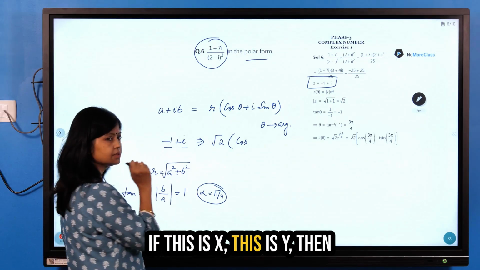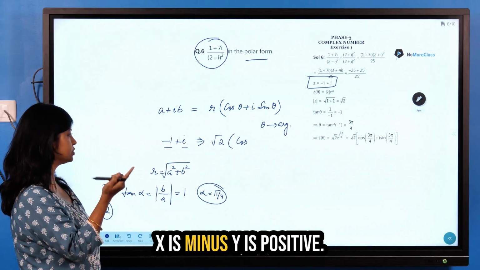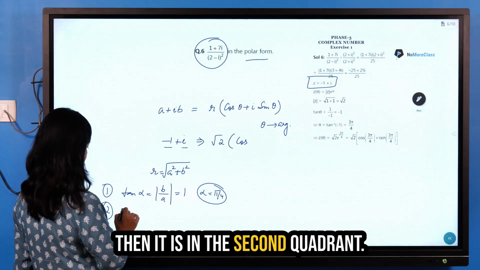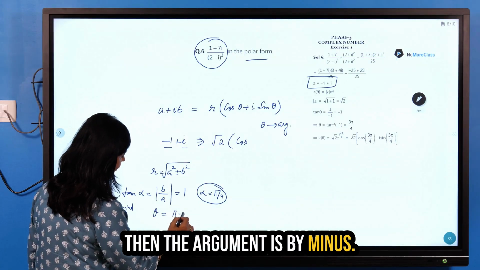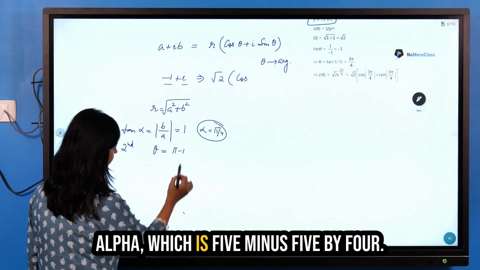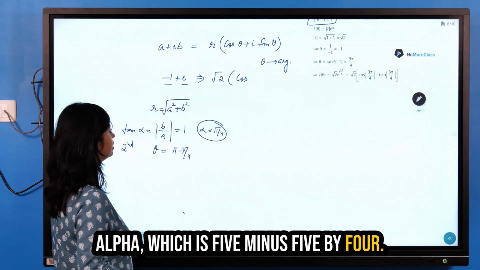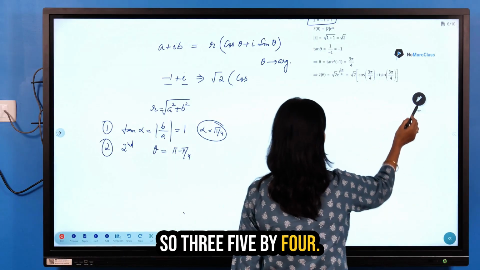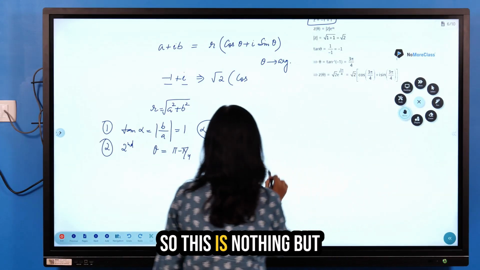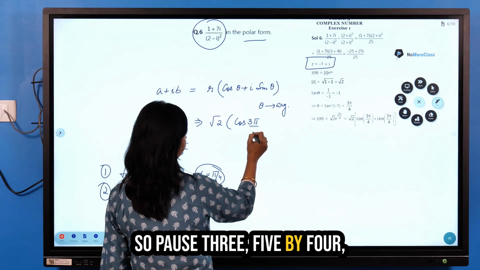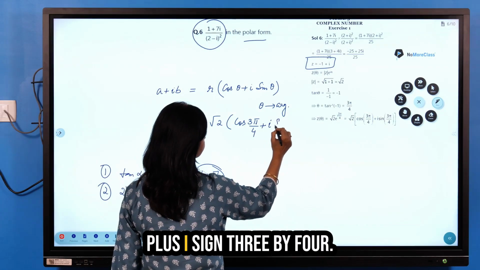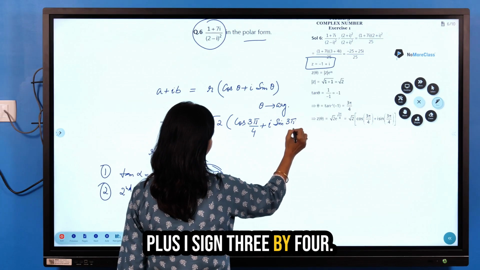If this is x, this is y, then x is minus, y is positive, so it is in the second quadrant. Then the argument is pi minus alpha, which is pi minus pi by 4, so 3 pi by 4. So we get cos 3 pi by 4 plus i sin 3 pi by 4.